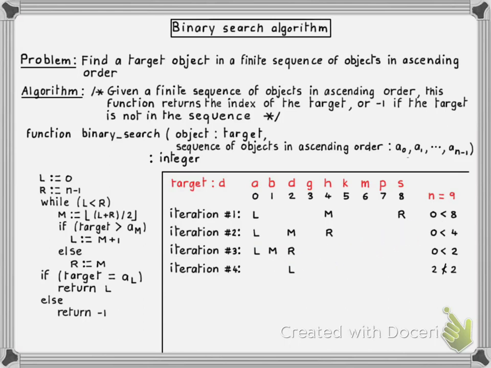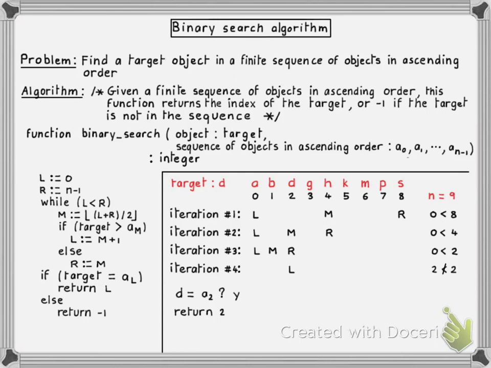We reach the point when R and L have met. So at the end of the while loop, all we have to do is check whether the target D is equal to the element at index L. The answer is yes in this case. Therefore, we have found the position of the target object. Its index is L equal 2, which we return.